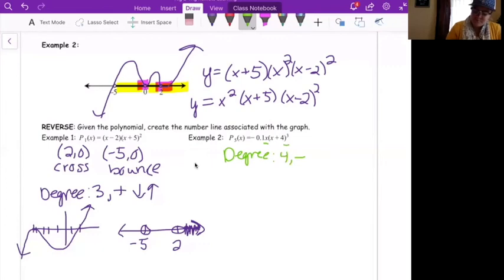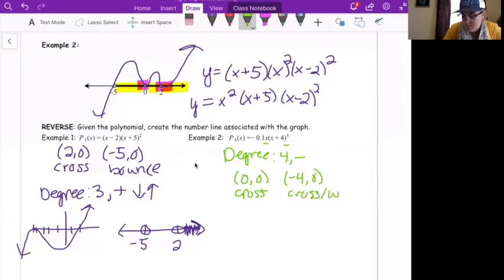And so our x-intercepts would be 0, 0, and that one's going to cross because there isn't an exponent on the x. And then we would have negative 4, 0. And this is going to cross or wiggle through.